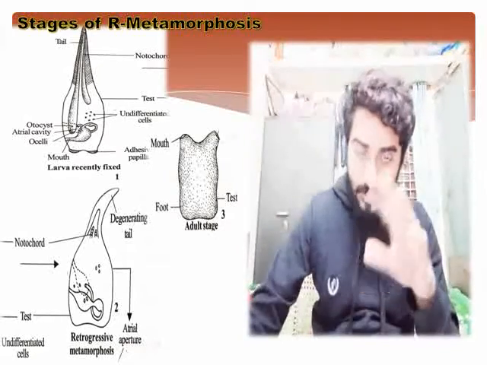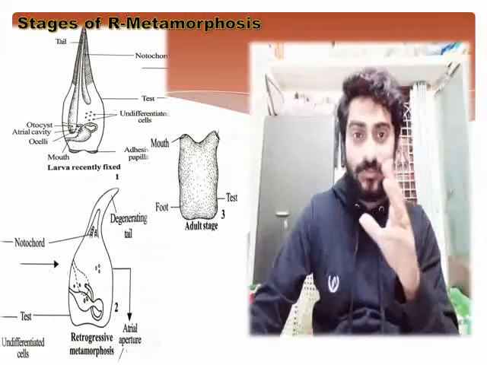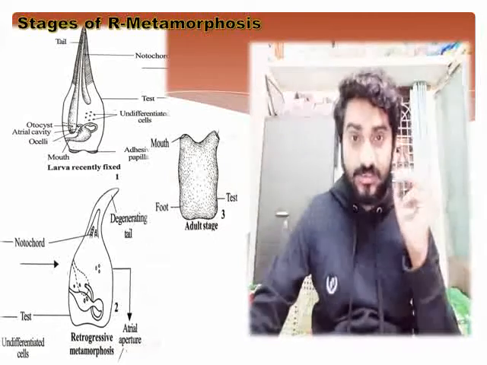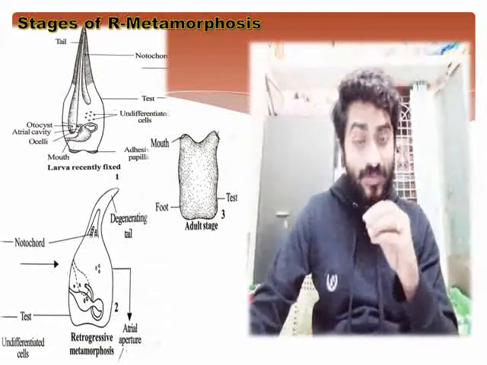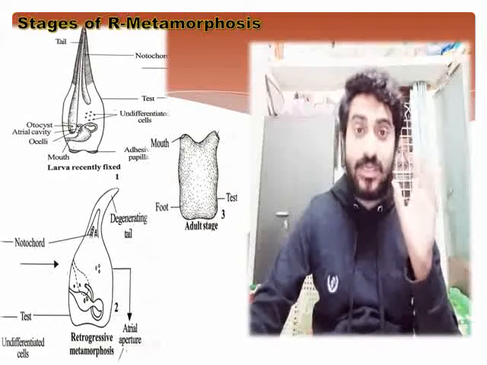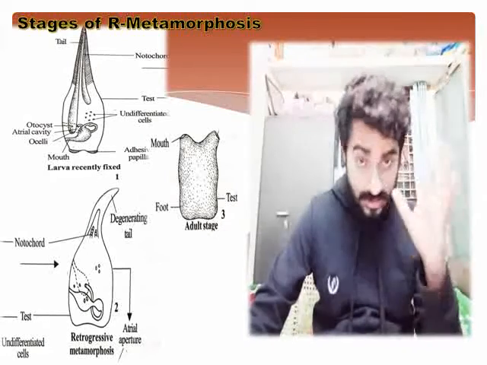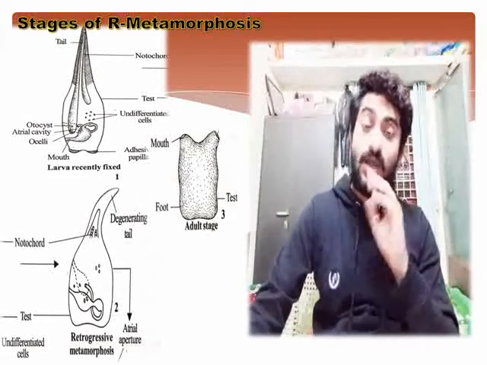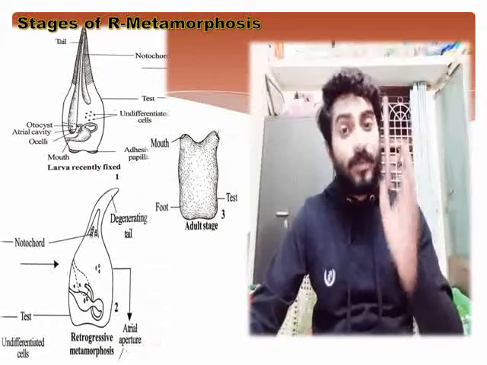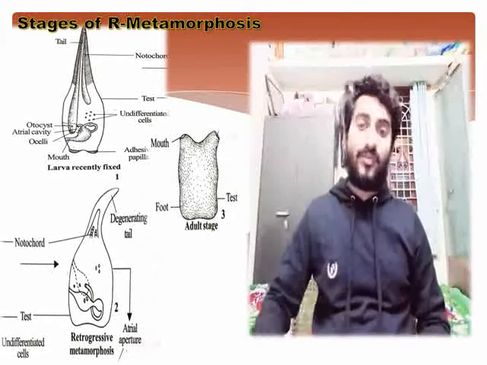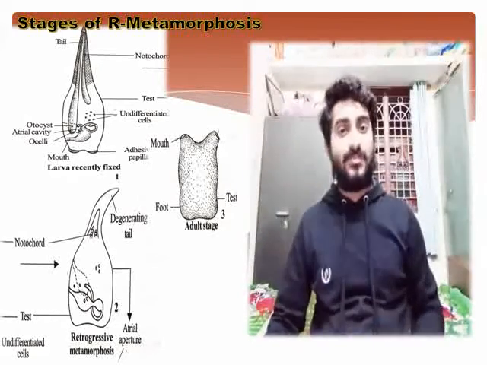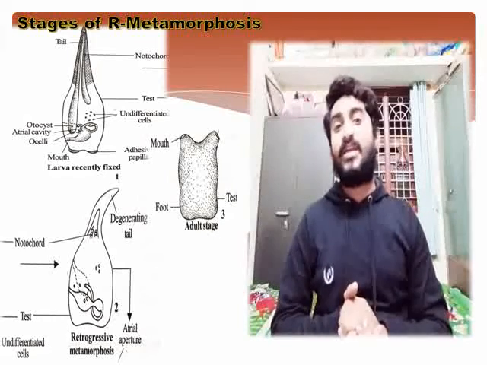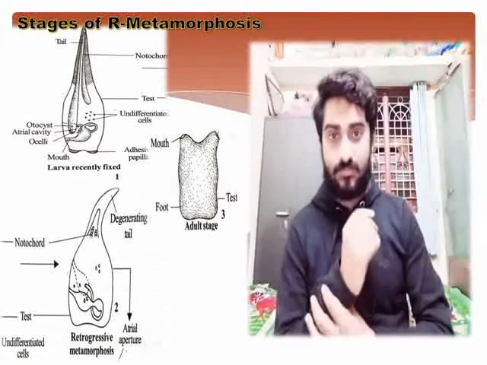So in the process of metamorphosis from larval stage to the adult, the larvae, which contains all the advanced characters of the chordate, lose them during the process, and the adult becomes more primitive when compared to its own larvae. So this is the definition of retrogressive metamorphosis.